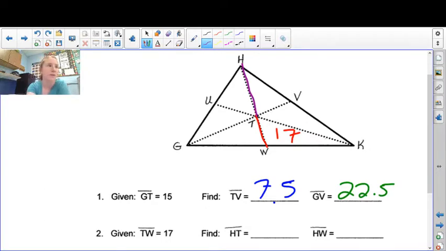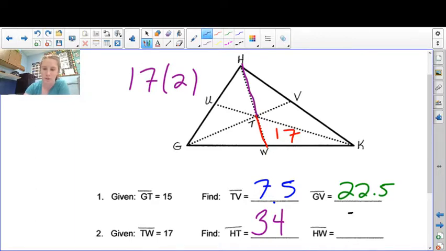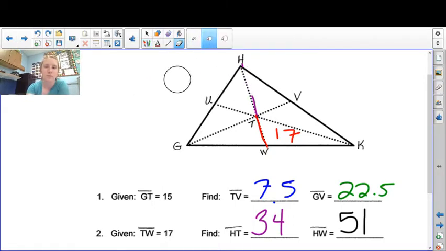So 17, oops, that's my face. Can't even tell I wrote there because it was behind my face. So 17 times 2, which would give me 34. And then the whole distance of 34 plus 17 gives me a distance of 51.